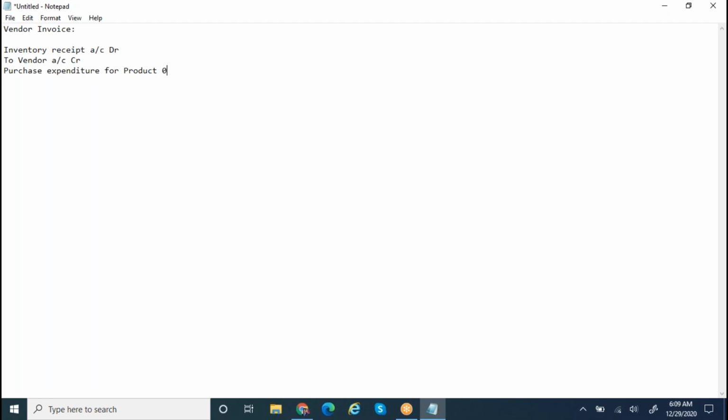It will post 0. Why is this 0 record required, even though debit and credit are posted?